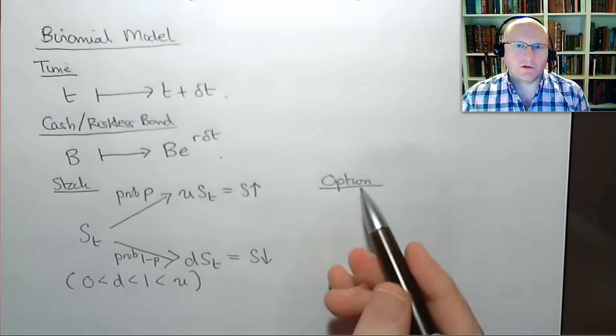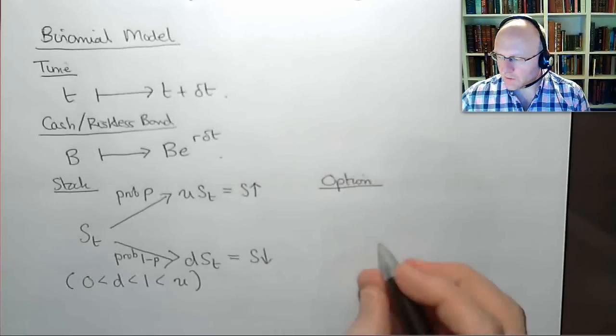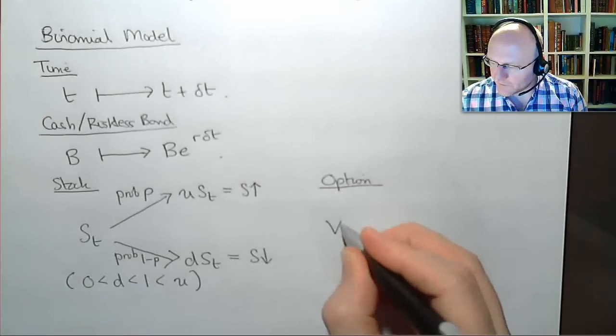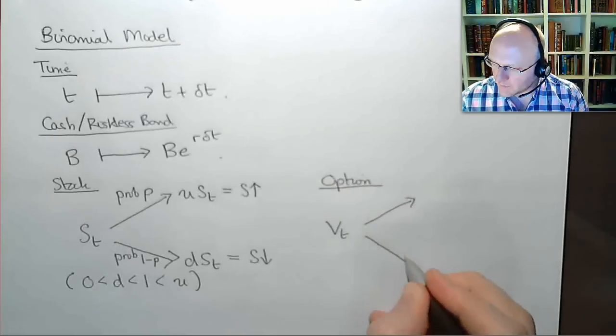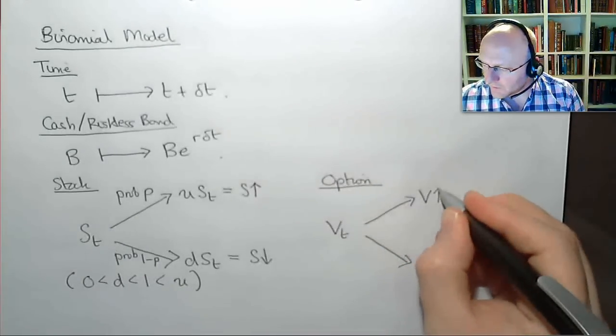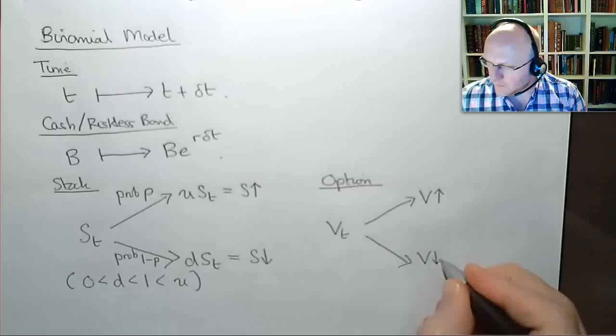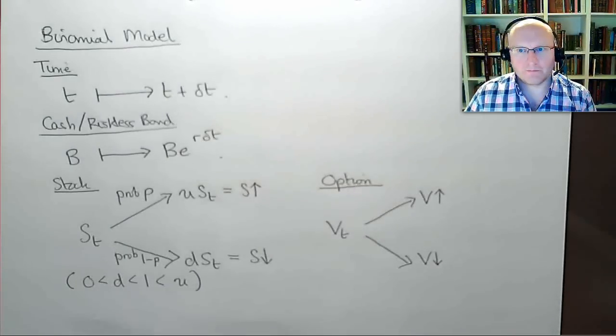So we need to consider how the option looks in these three different scenarios. So in the present day, the option value must be V_t, and in the future scenarios I'm going to denote the option values V up and V down, and the probabilities must be the same as those here.